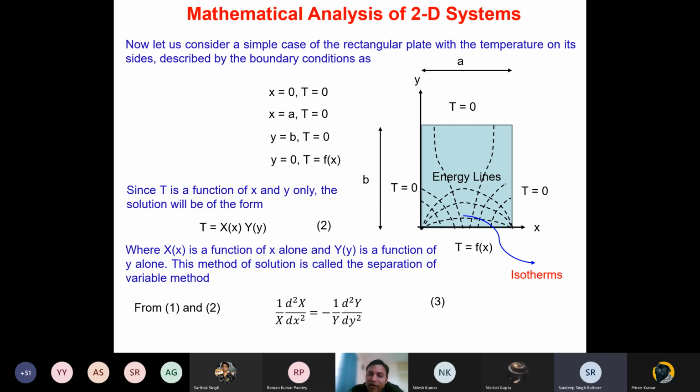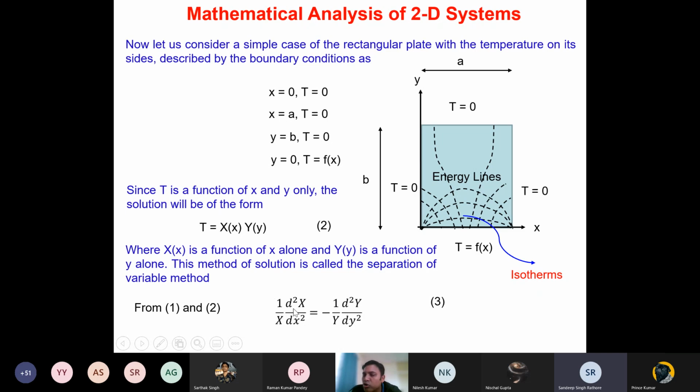Now, once we said that both these terms will be equal to some constant, the question is what constant I should select. When I'm saying both sides are equal to a constant, that means I can take even 0, isn't it? Correct? But if I take 0, then both the right hand side and the left hand side are equal to 0.